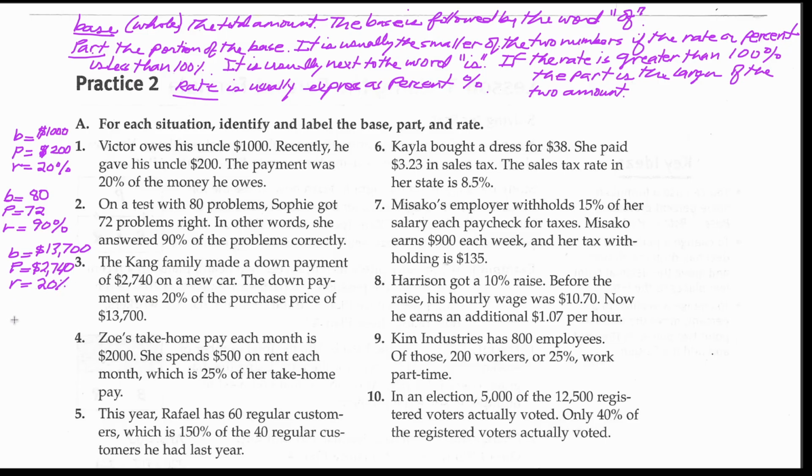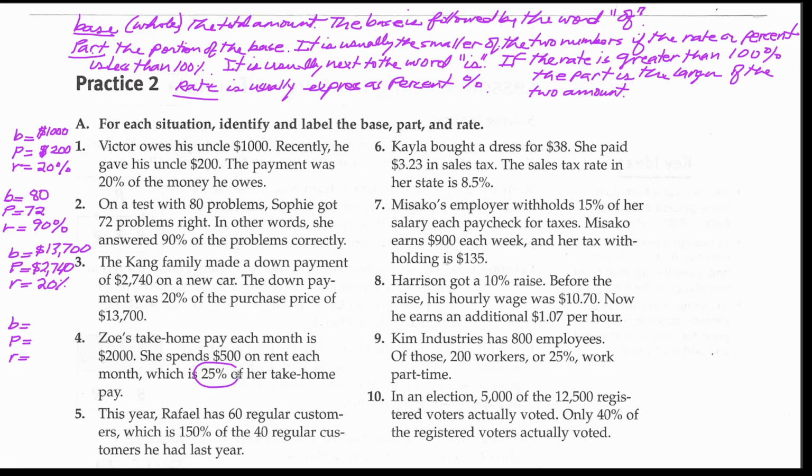Number 4, B, which is base, P, which is part, and R is for rate. Zoe's take-home pay each month is $2,000. She spends $500 on rent each month, which is 25% of her take-home pay. $2,000, $500, and the 25%.